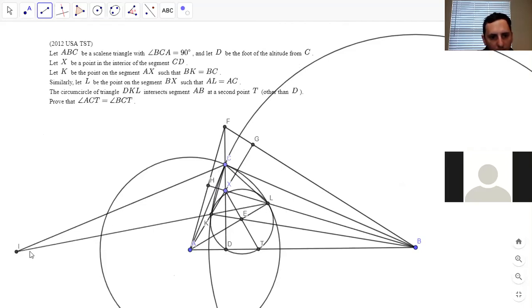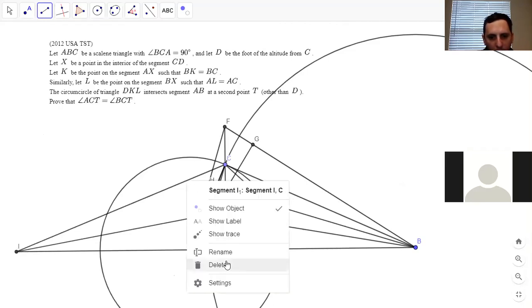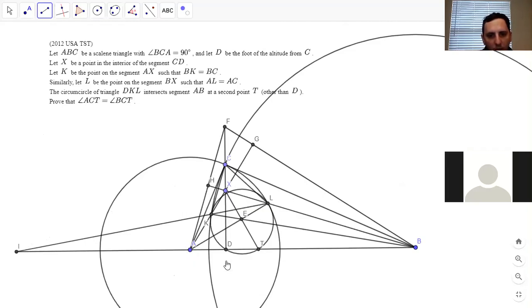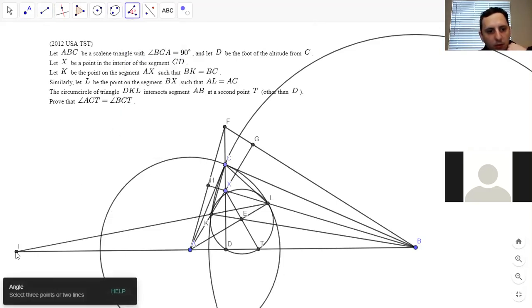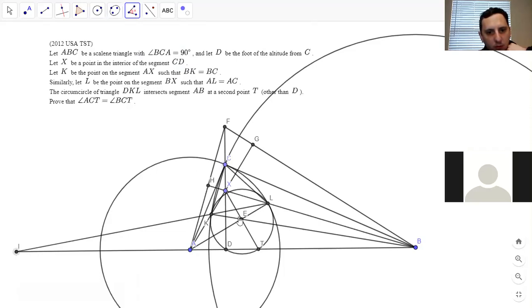Maybe we don't need to draw IC. Because we want to show CT is an angle bisector, right? I guess that's what made me think of it. Well, because that would mean angle ICT is a right angle, right? I think so.